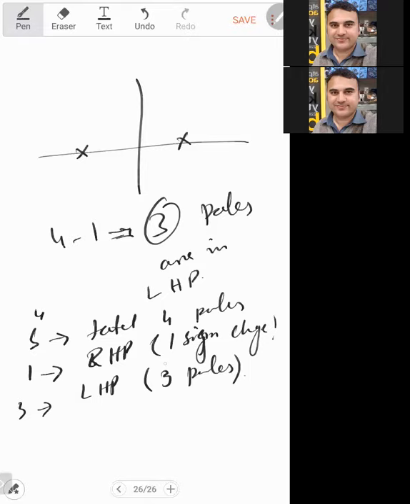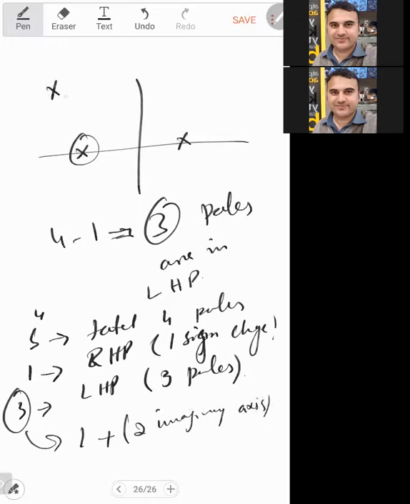Now, along the left half plane, we see that due to the symmetry, one pole is along the real axis. From these 3, one is along the real axis, and since there is this auxiliary polynomial, all poles should be symmetric. So we have some symmetry along the left half side also. So we have 2 poles along the imaginary axis.